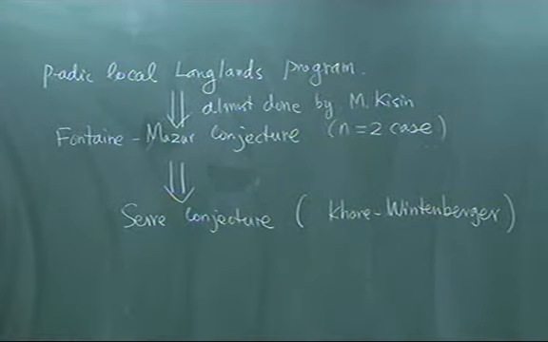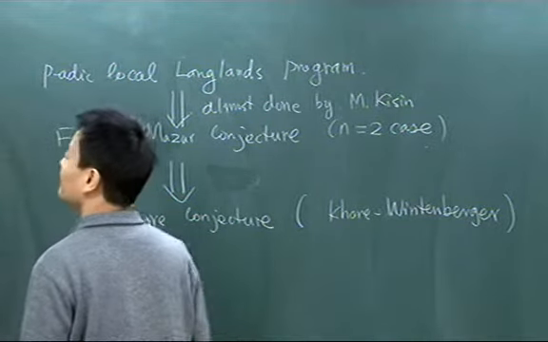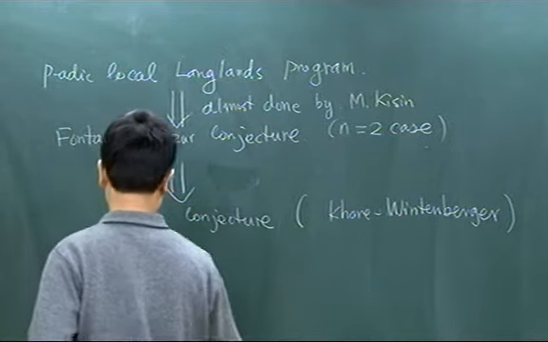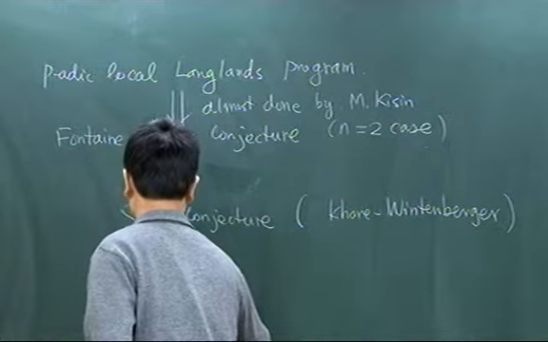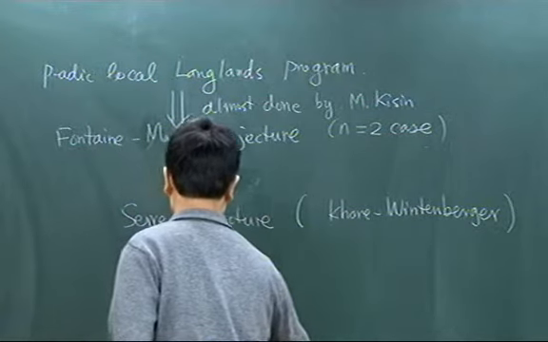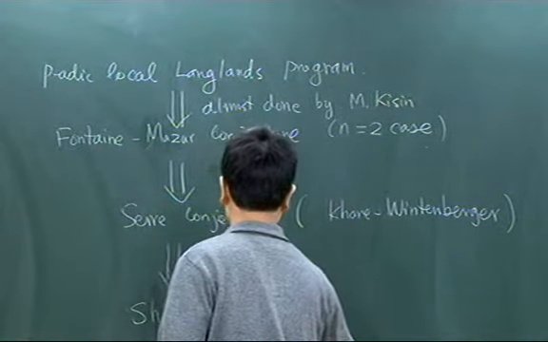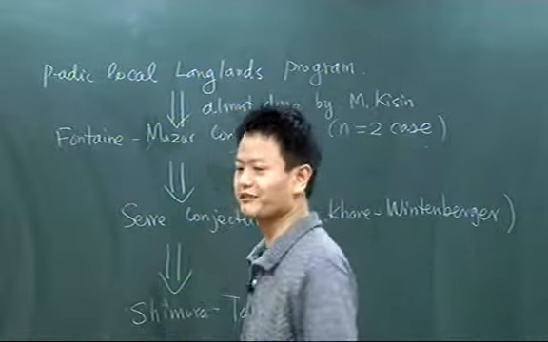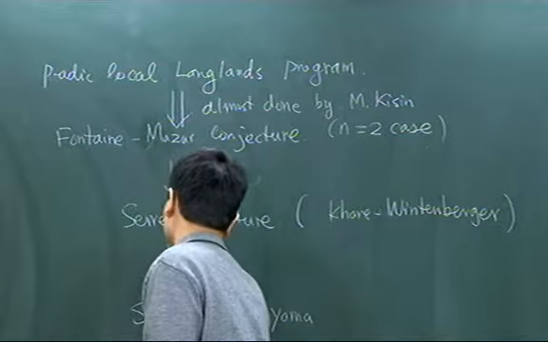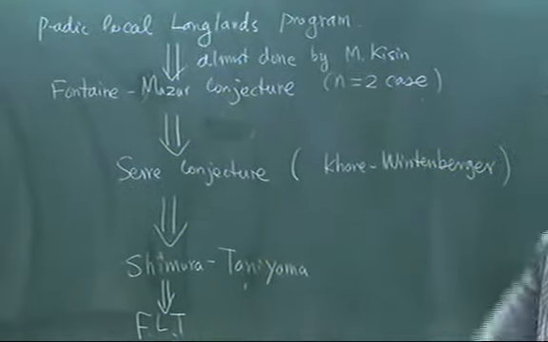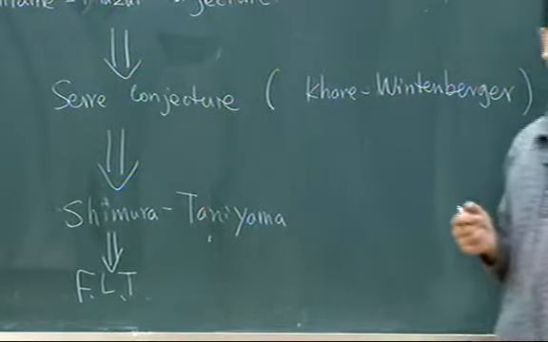But you know the Serre conjecture, and from the Serre conjecture you have Shimura-Taniyama, and from Shimura-Taniyama, you have Fermat's Last Theorem. So that means that this is a big result anyway.